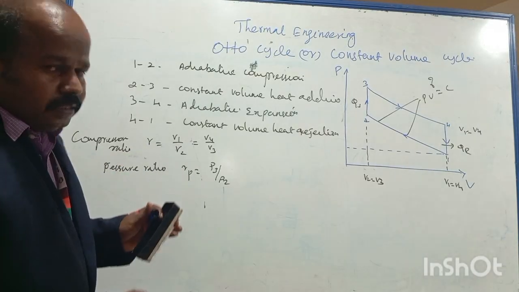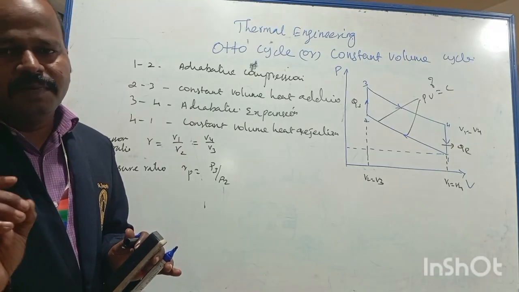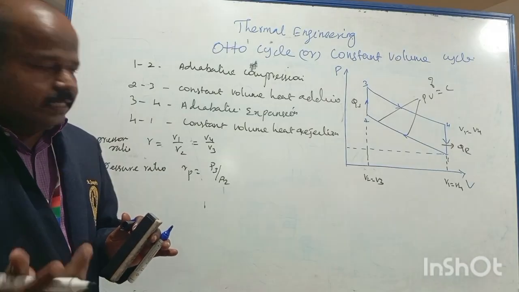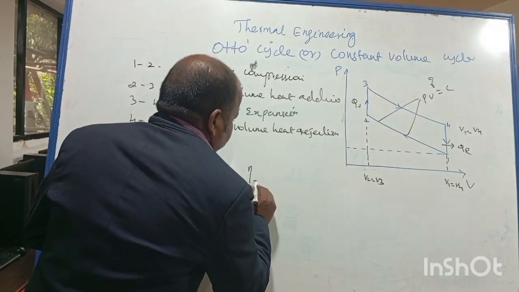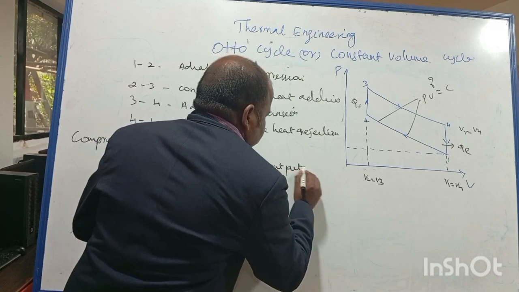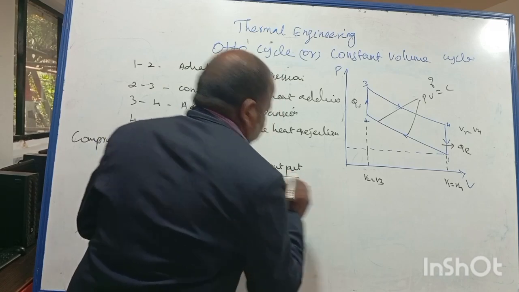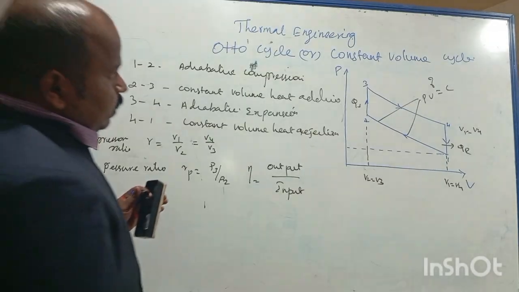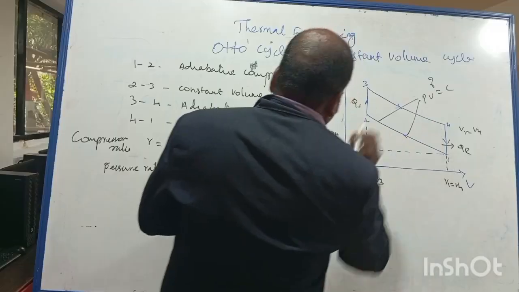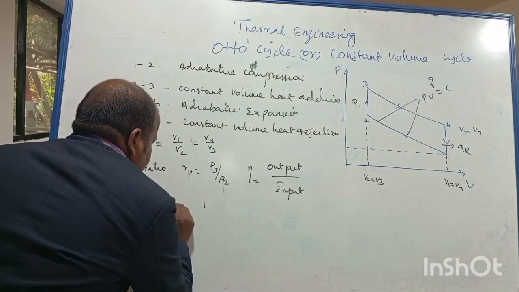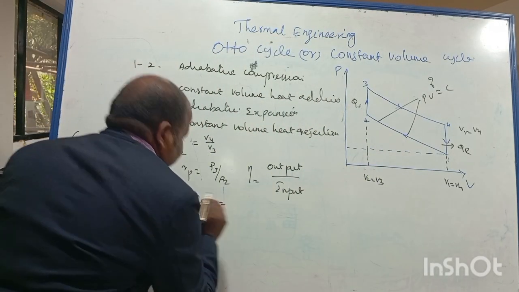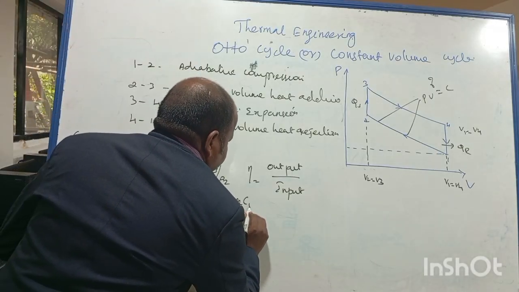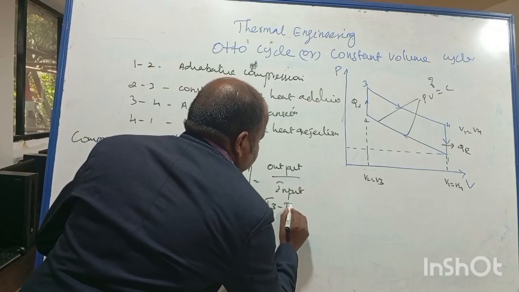What we are going to discuss in this particular cycle is to derive the thermal efficiency of this Otto cycle. You should know what is meant by thermal efficiency. In general, thermal efficiency is equal to output by input, where output is the work done. The work done, output, is equal to mCv into (T3 minus T4).